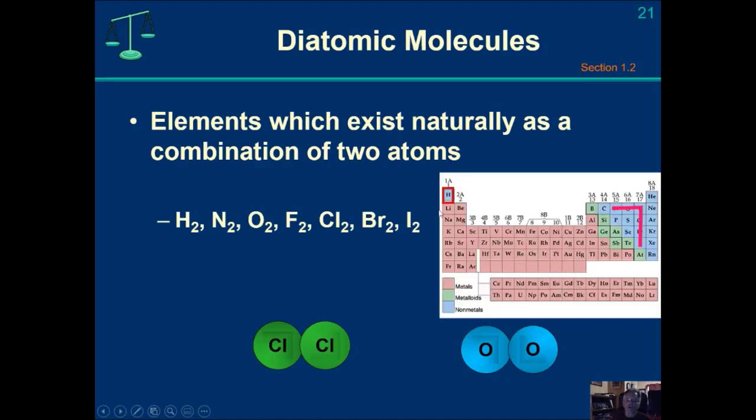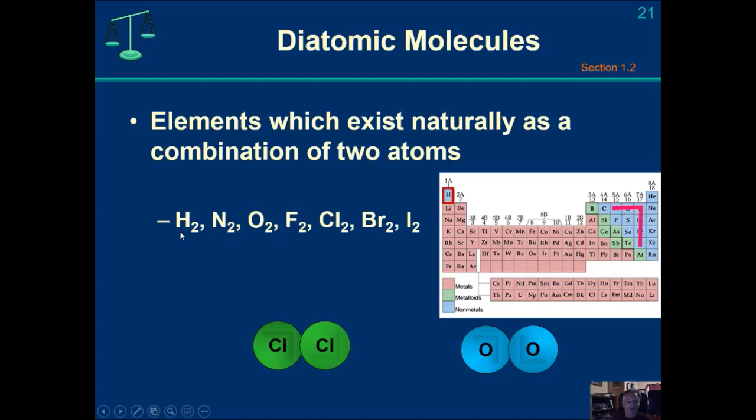Here is how you easily identify which are the diatomic molecules. We'll start with hydrogen over here, and you'll just have to remember it, but it's easy because it's atomic number 1. It's the first element on the periodic table to the far upper left. And then you go over here to nitrogen, oxygen, fluorine, chlorine, bromine, and iodine.